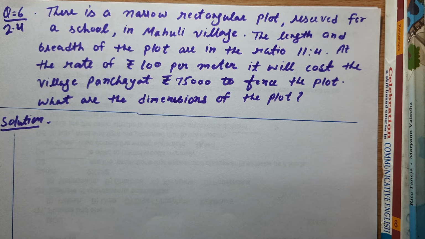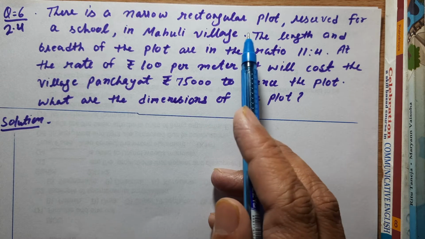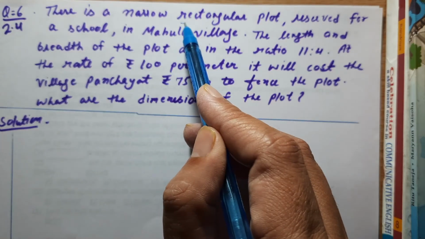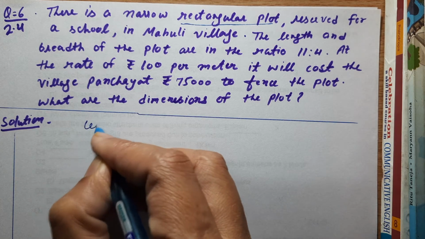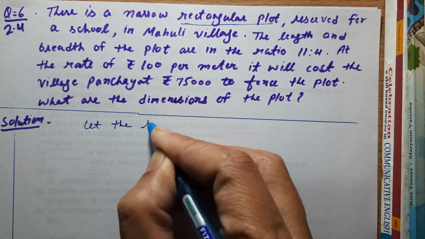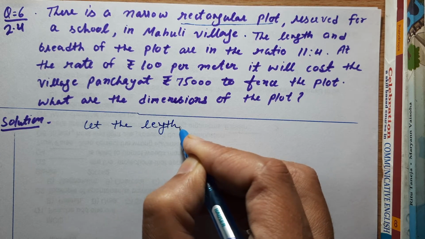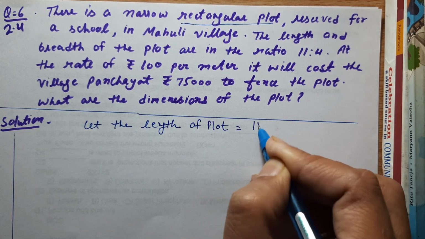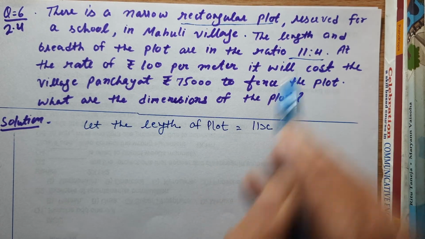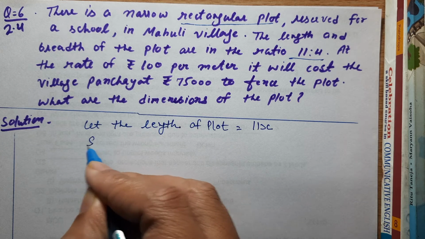Just understand the statement. There is a rectangular plot reserved for a school. The plot shape is rectangular. In the Mohalli village, the length and breadth of the plot are in the ratio 11:4. So what will you suppose? Let the length of the plot be 11x units.